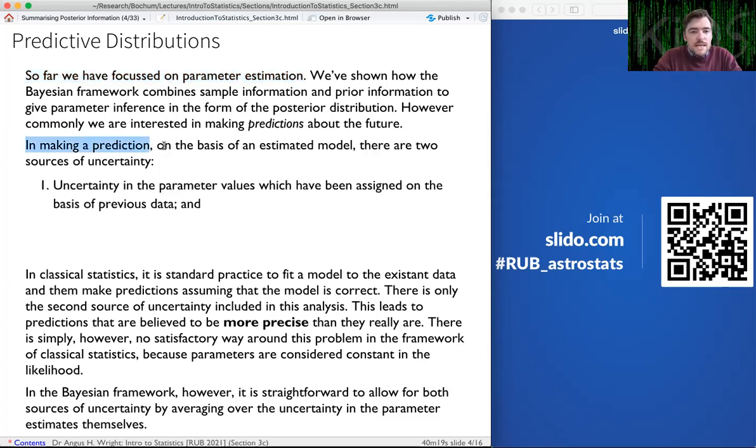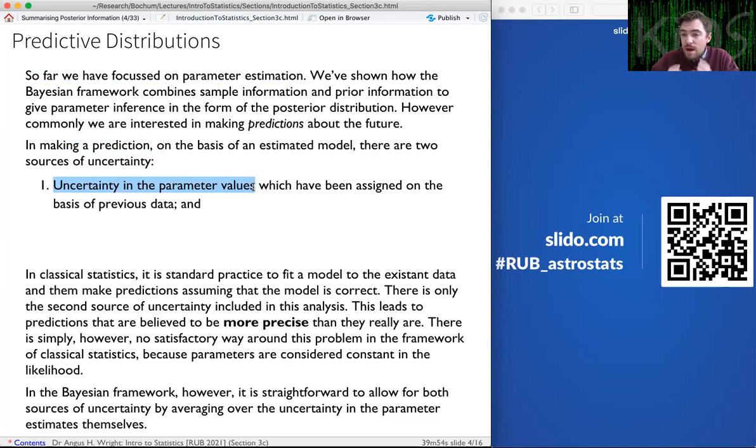So when you're making a prediction, there's a couple of sources of uncertainty that are important, because predicting the future is difficult, and it's difficult because of two main sources of uncertainty. The first is the uncertainty on the parameter values that you're using as your predictive generative function when forecasting into the future.